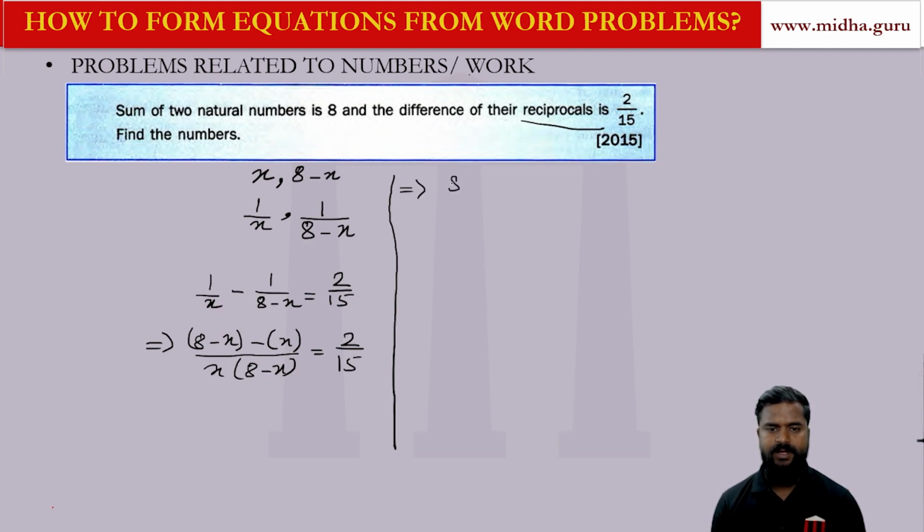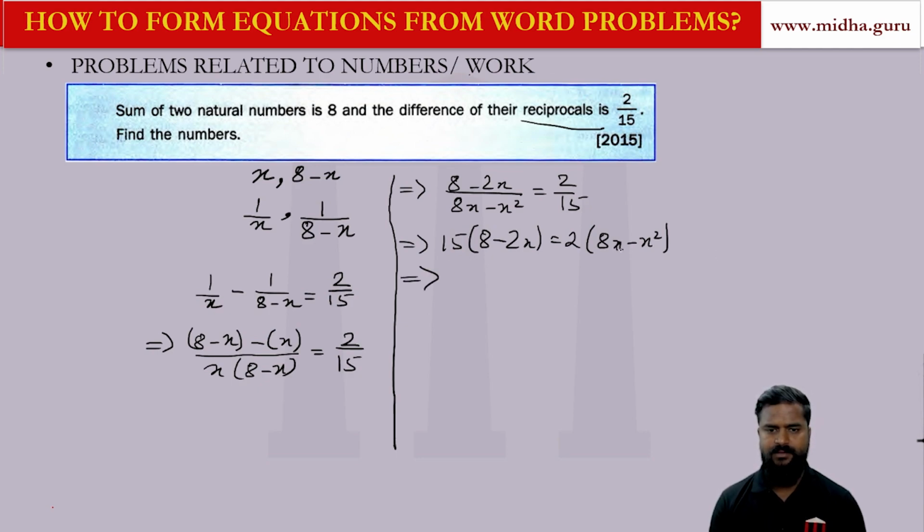So it will be equal to 8 minus 2x by 8x minus x squared, which is equal to 2 by 15. Now we will multiply this 15 up to 8 minus 2x and we'll bring 8x minus x squared up to this side. So we'll get 15 times 8 minus 2x and twice of 8x minus x squared.